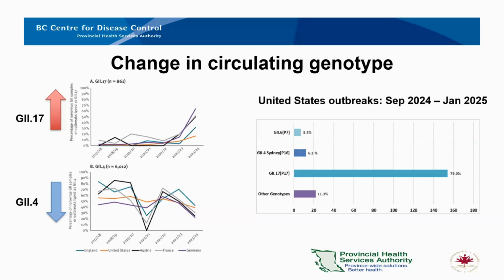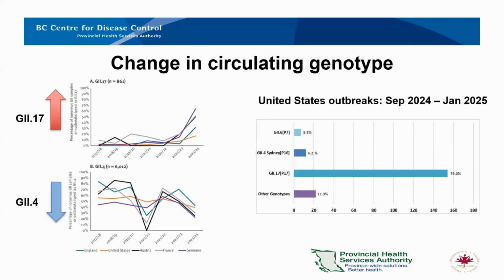In the red, the G2.17 seems to be going up. That started to go up in 2022, 2023, and has been going up since then. Whereas G2.4, which had been the predominant strain since about 2012 worldwide, is starting to come down.